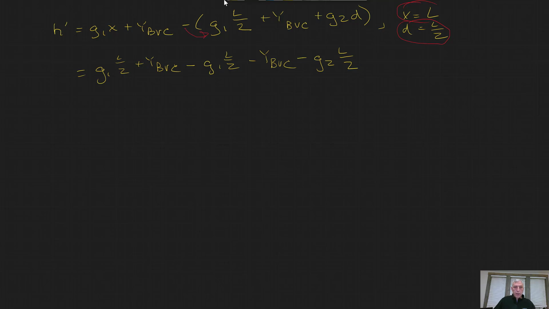Now, we can look at some of these values. So I have g1 L over 2 minus g1 L over 2, y BVC minus y BVC. Oops, I see my mistake. And you probably saw it too.